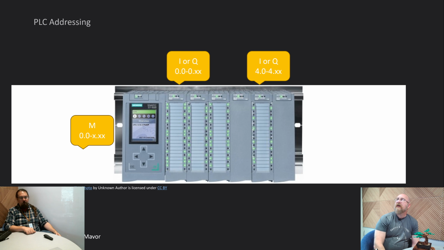Yeah, so you see here you've got your main CPU unit, and next to that it has M0.0 to X.X. Right. And that's because those are just internal bits. They're memory bits. Yeah. And there are different flavors of memory bits, depending on what data type they are.